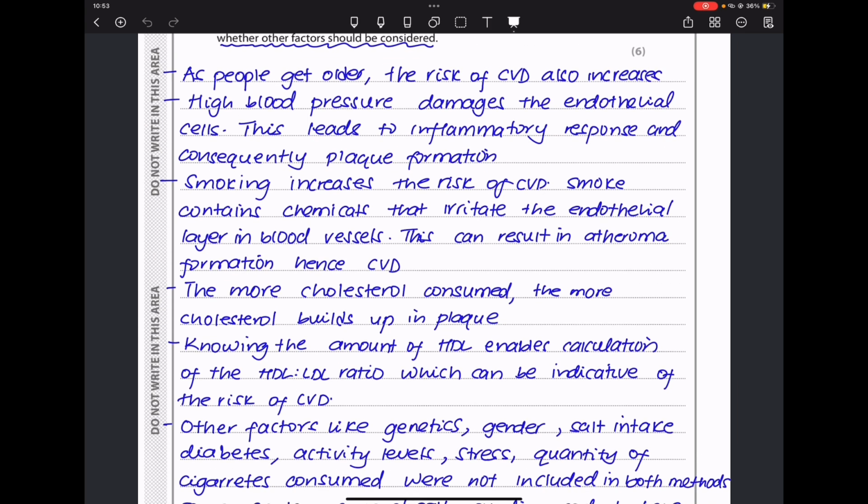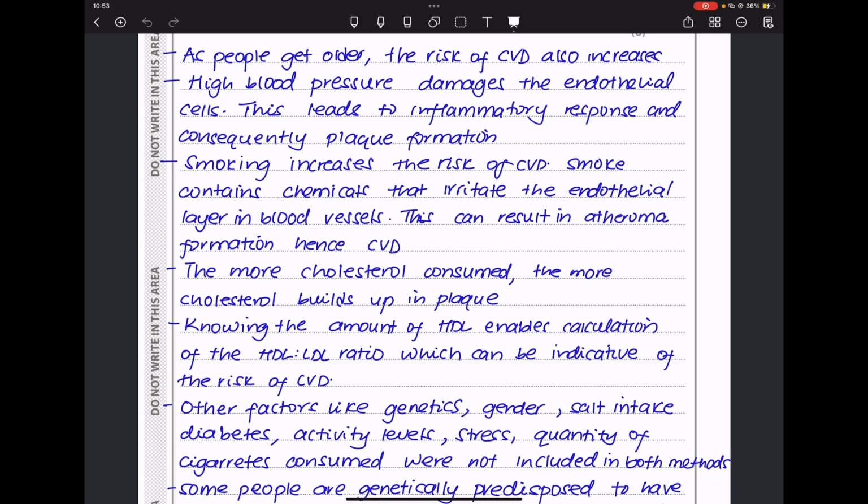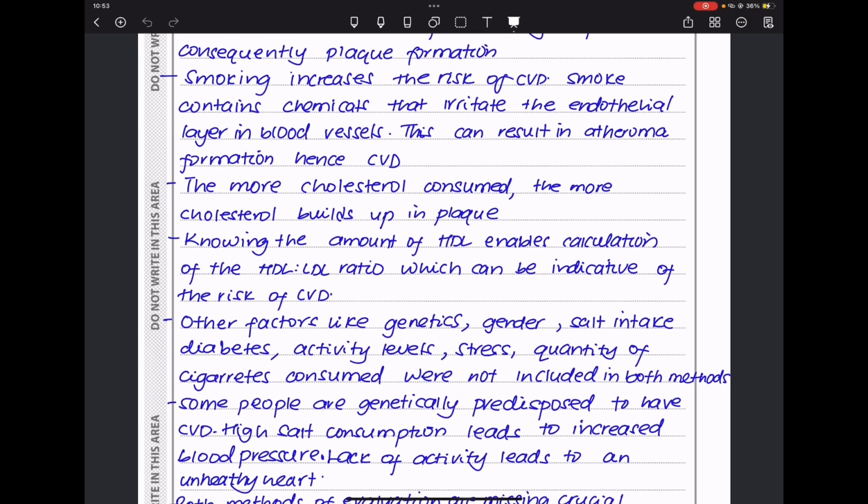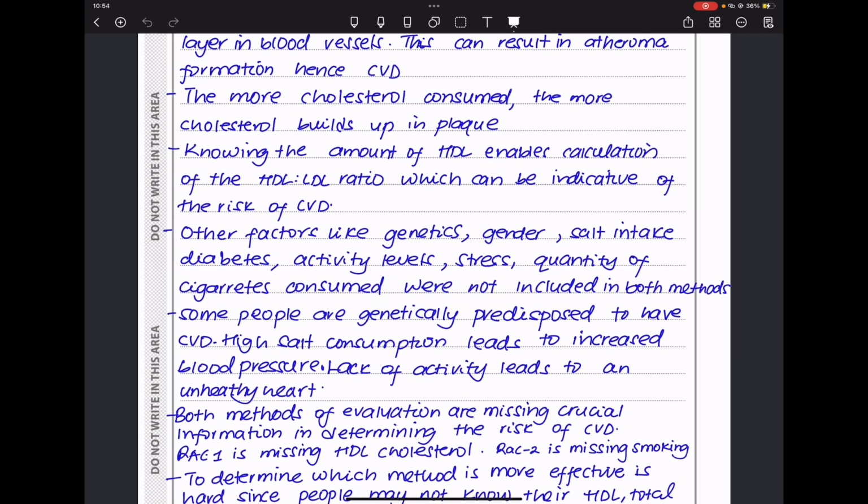For smoking, smoking increases the risk of CVD because smoke contains particles that irritate the endothelial layer in blood vessels, and this can result in atheroma formation, which in the end leads to CVD. For cholesterol, or total cholesterol, the more cholesterol consumed, the more cholesterol builds up in plaque within the blood vessels. Now for HDL, knowing the amount of HDL enables calculation of the HDL to LDL ratio, which can be indicative of the risk of CVD.